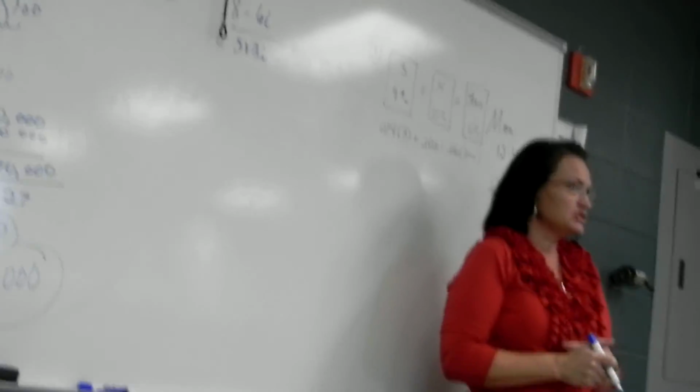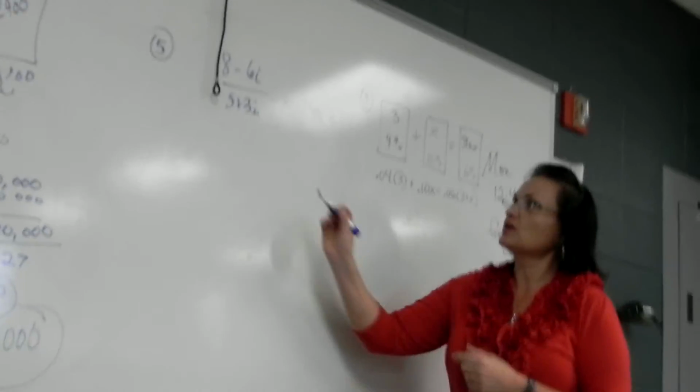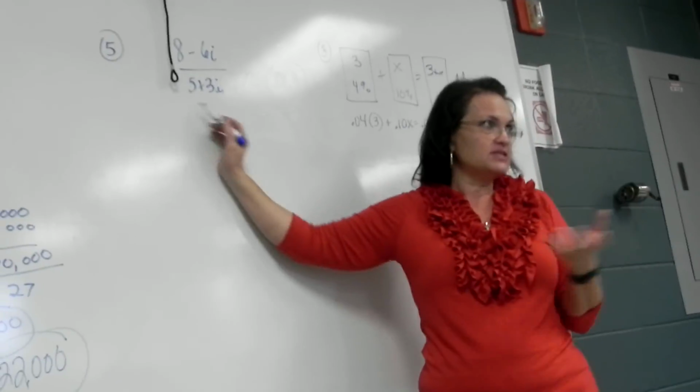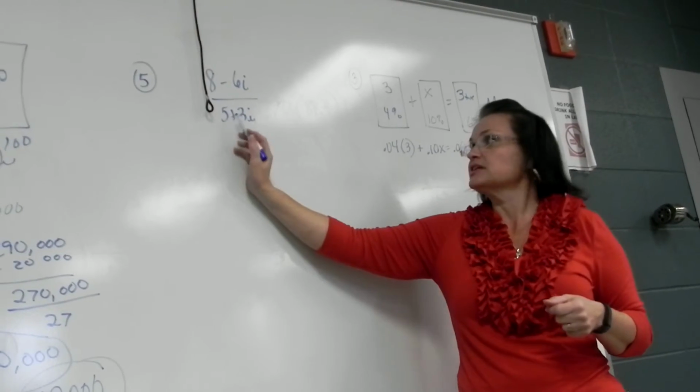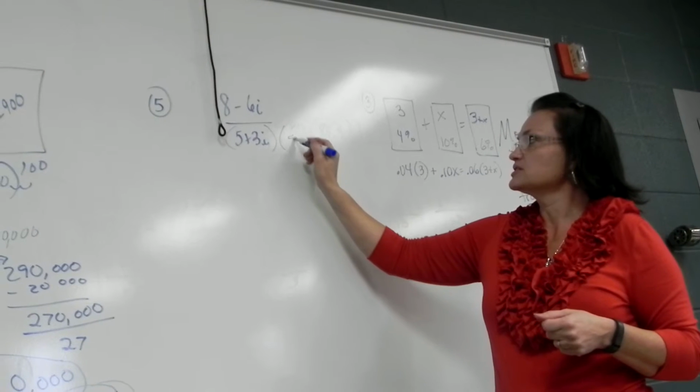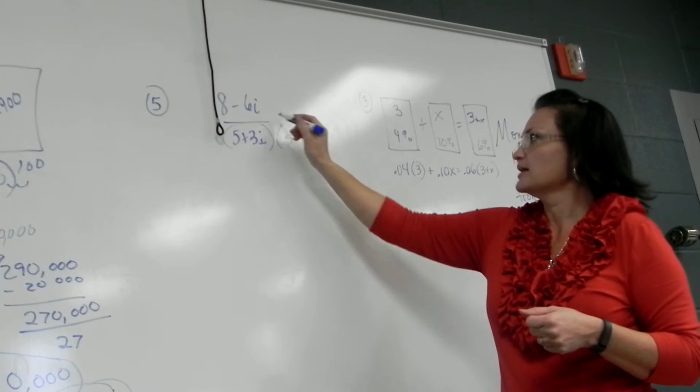All right, now number 5, you want to clean up this imaginary complex number. You cannot leave imaginaries or radicals for that matter in the denominator. So the trick to get rid of a binomial in the denominator is to times it by its conjugate. So you times that by 5 minus 3i.